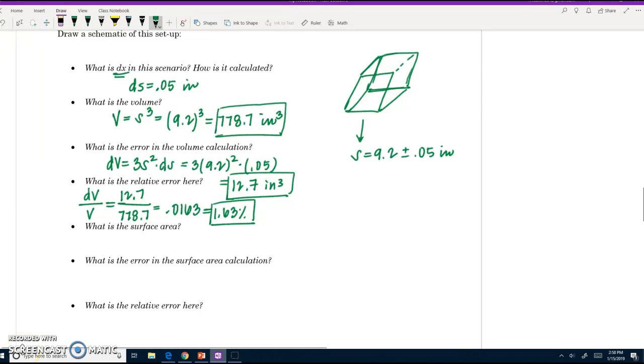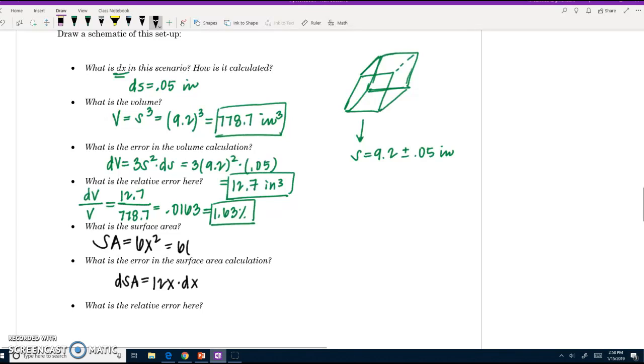All right, you guys, I paused that for announcements, but the next calculation we want to do here is the surface area calculation. The surface area we can find for a square box is 6x squared. We can find the error in the surface area calculation by taking that derivative and multiplying by its differential.